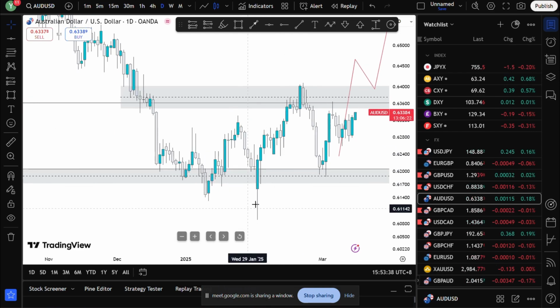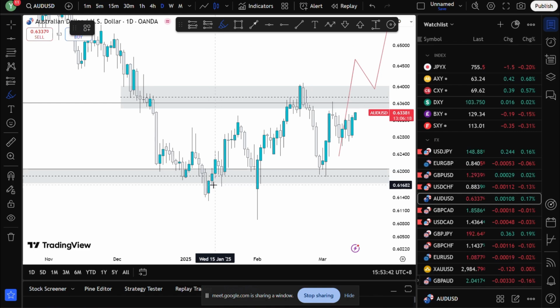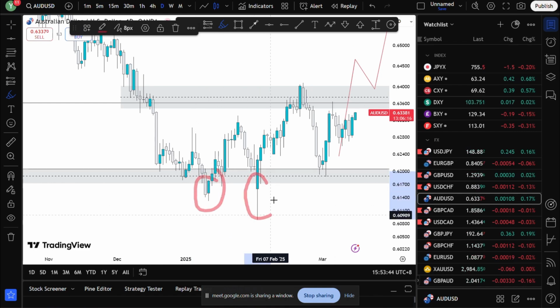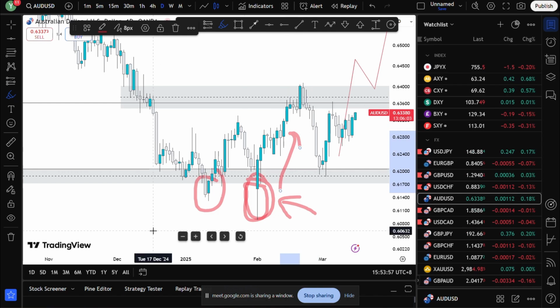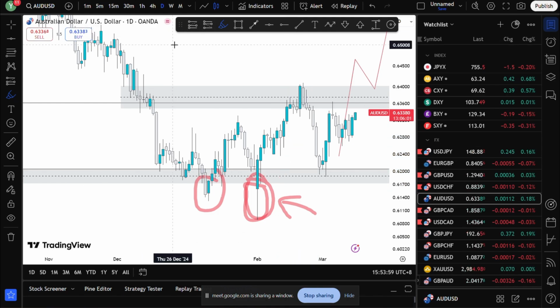For beginners, to understand better, the price reacted to this support zone twice. The second one shows a very strong bullish momentum, a long wick candle over here, meaning the price has a high possibility to go upwards. So we are still looking for bullish opportunities for AUD USD.